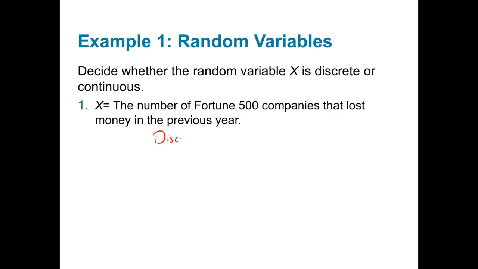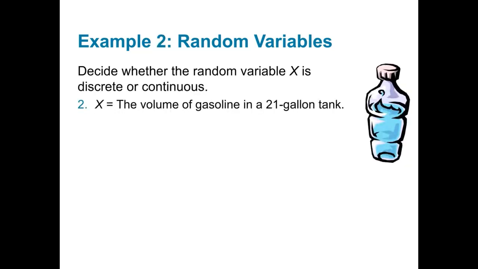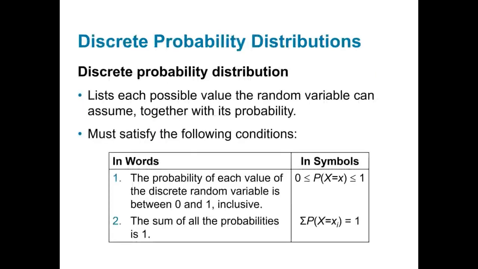Because we're counting. How about this one? The volume of gas in a 21-gallon tank. Continuous. Why? Exactly. You could have 5.5 gallons of gas in your tank, and it'd be okay.